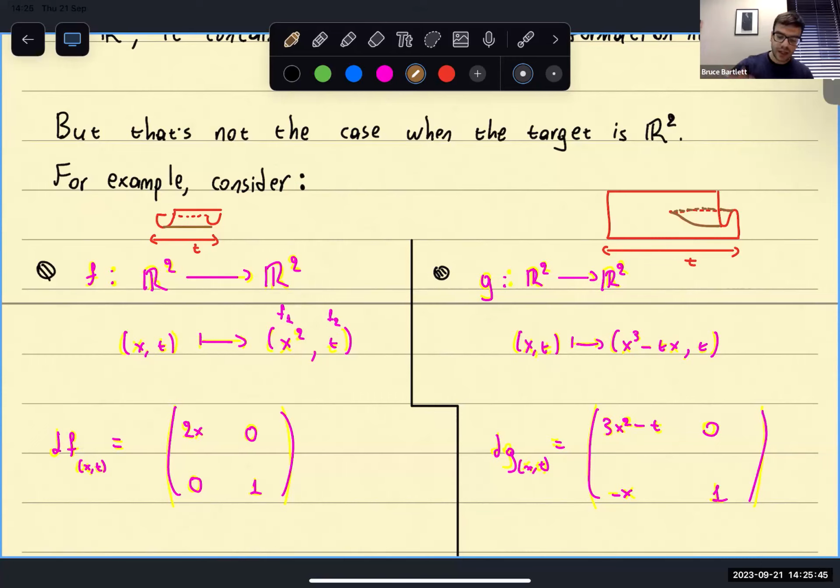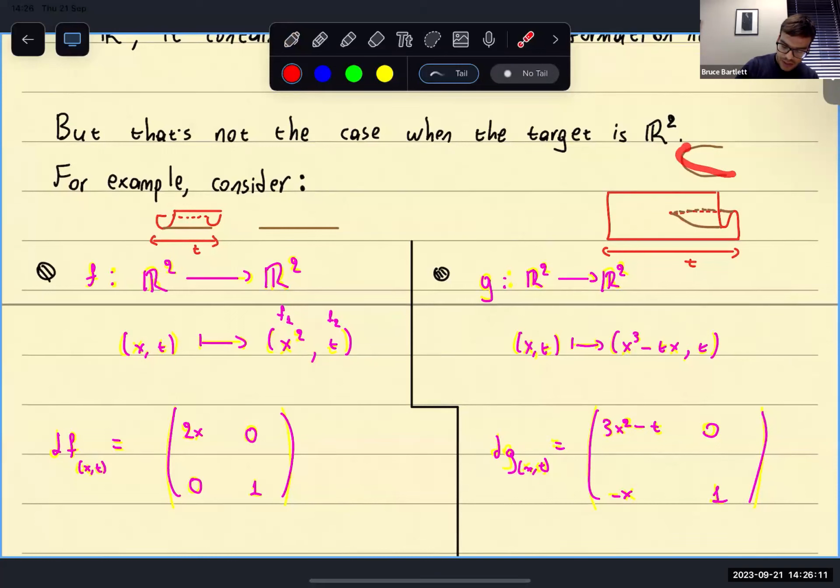If you look at what's happening in R2, on the left-hand side you have a manifold which is just the t-axis, and on the right-hand side you have a manifold which is just this parabola.